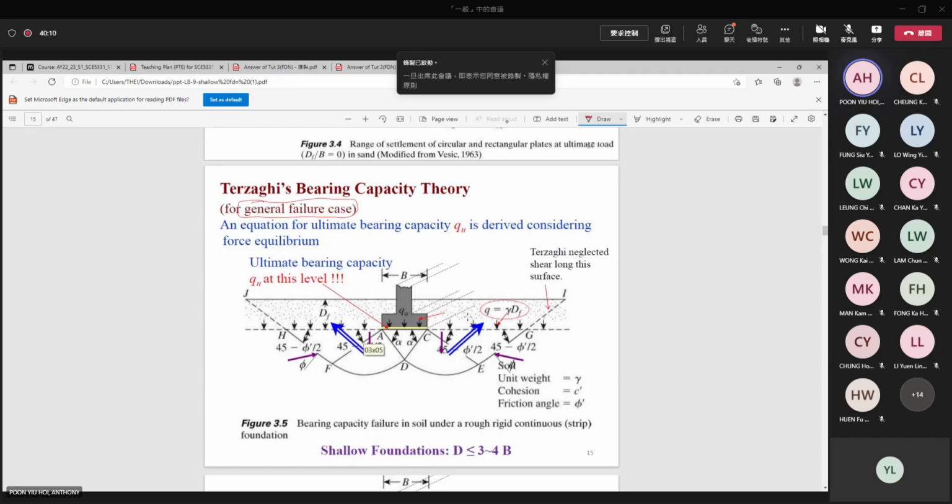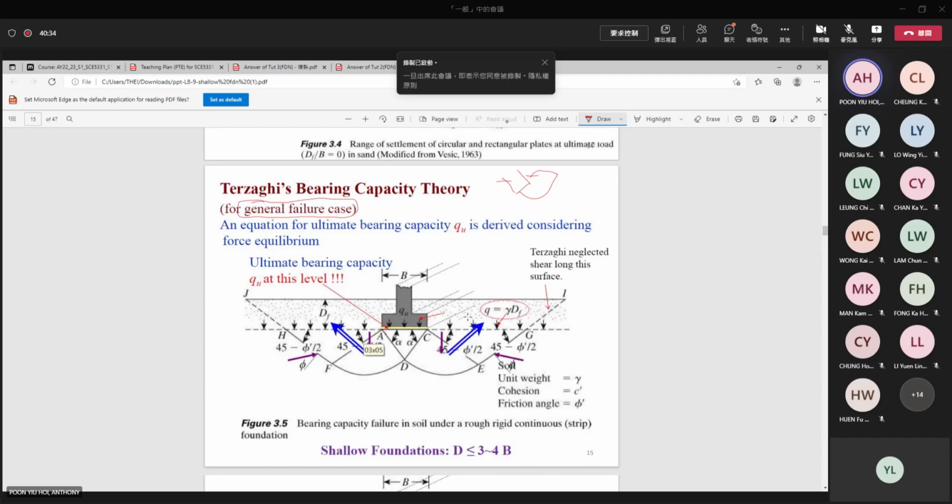The basic concept is that you have a foundation. Again, this diagram is drawn on two sides because you will expect the foundation will actually fail like this. So it includes 3 components.